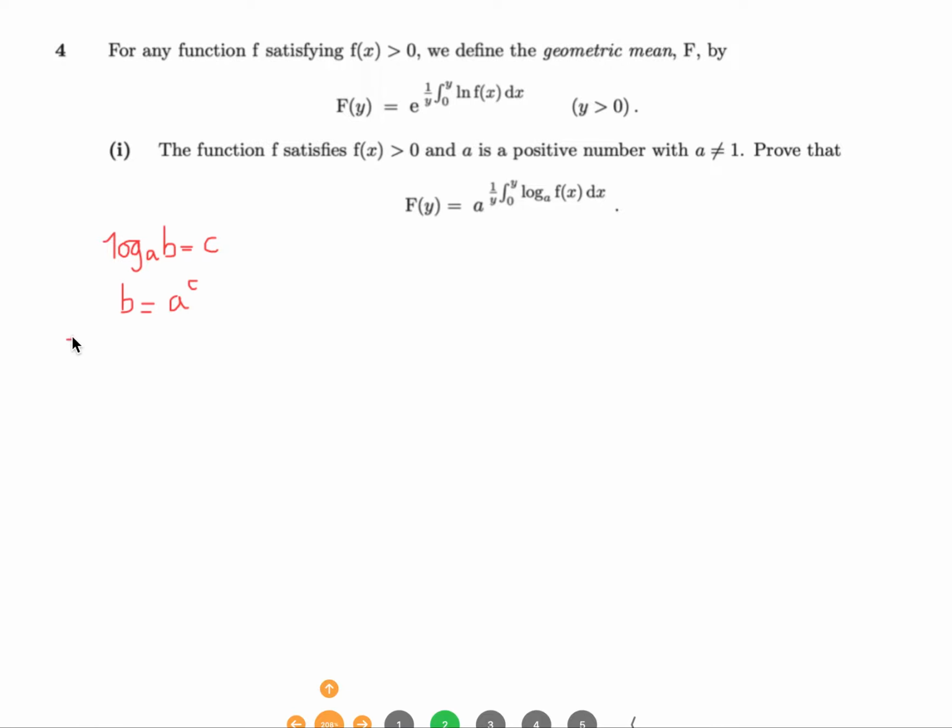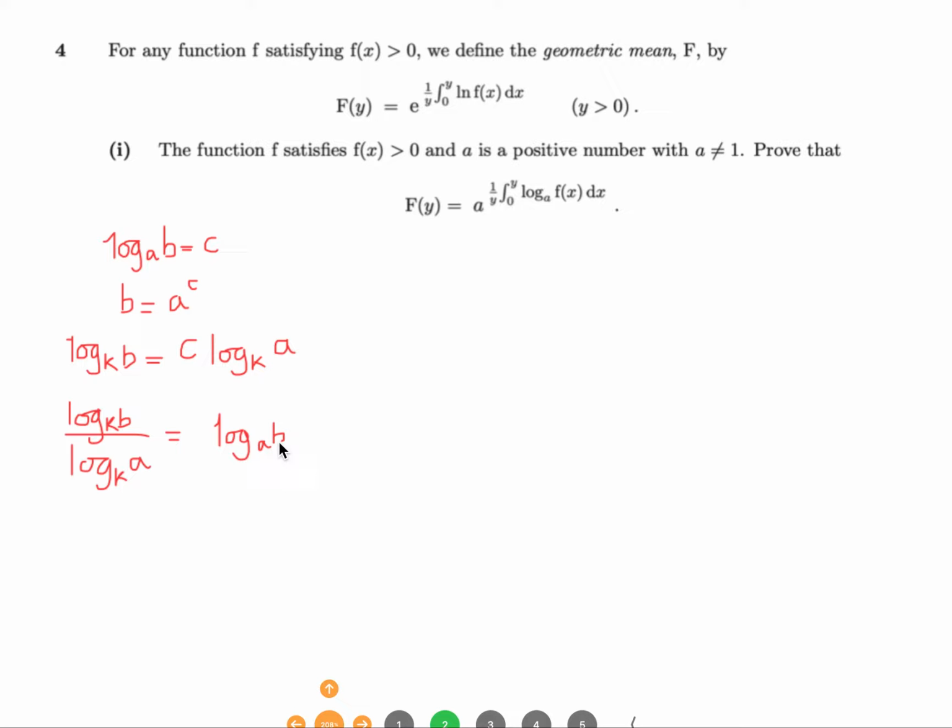And then we can log both sides to some other constant, call it k. Bring the power down, because when we log, obviously we can bring the power down. c is log base a of b. So by dividing by log base k of a, we get our identity here, log base k of b divided by log base k of a equals c, which is log base a of b.